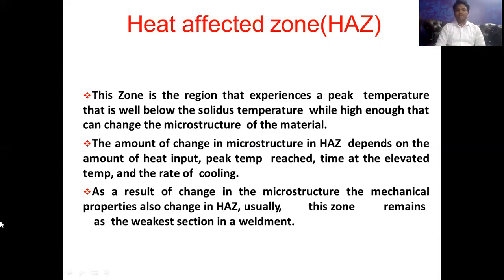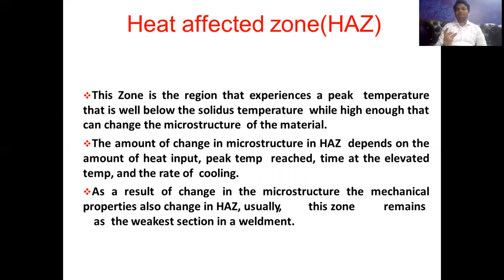As a result of change in the microstructure, the mechanical properties also change in the HAZ. So usually this zone remains as the weakest section in the weldment. Whenever you observe the fracture location in a weldment, the fracture will generally take place in the HAZ.